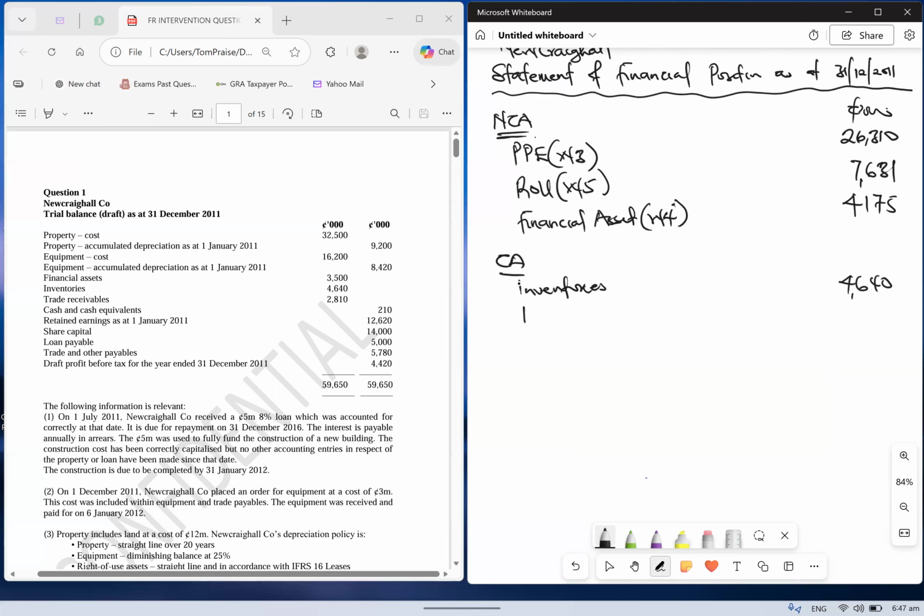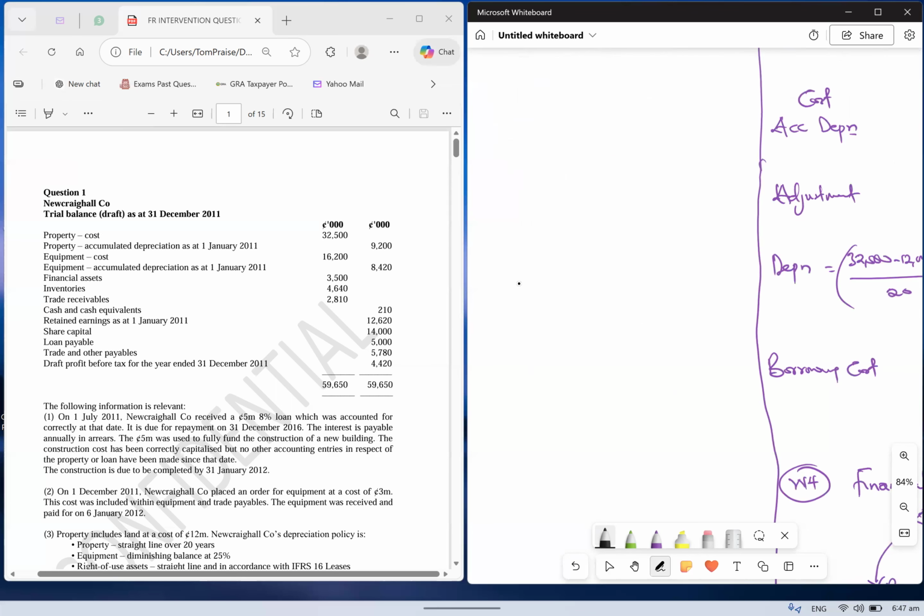Then what else? Trade receivables. Also, there is no adjustment. That makes our work easier. That is 2810. Then the last thing we did, the working 7, right?